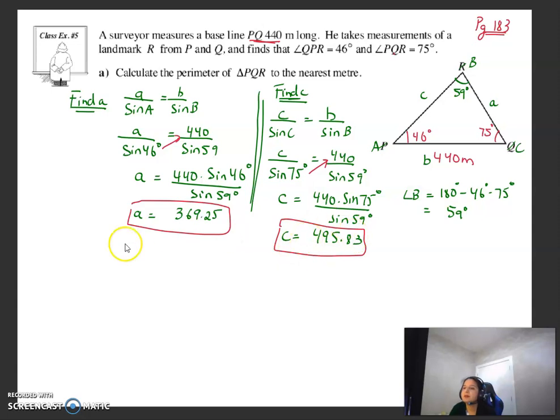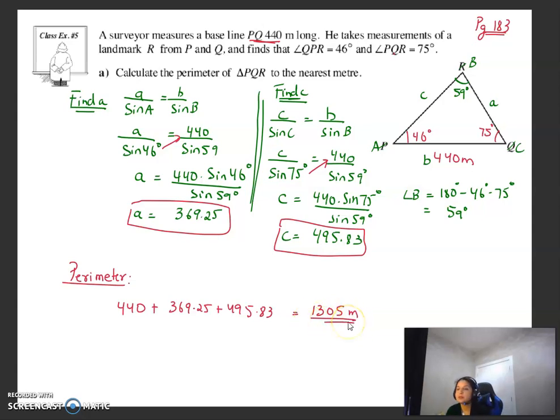So I do have my two other sides. And once I have them, I can find the perimeter now. So the perimeter will be the 440 plus A plus C, and all together, when rounded, that comes out to be 305 meters.